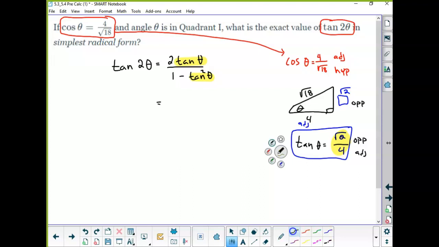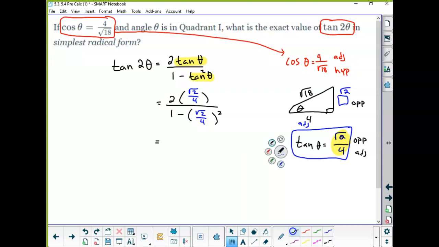So, what's the last piece? Remember here, this tangent squared is really something squared, and then what goes inside the parentheses is the tangent ratio, which is the square root of 2 over 4. And then everything else is just reducing.